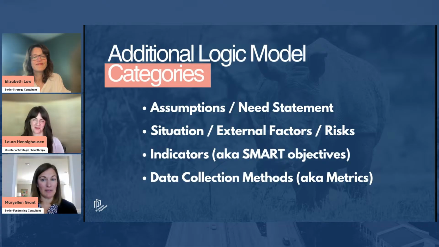So I'll use the same food pantry example from earlier and put it in a SMART objective format. So after 12 months, 80% of families receiving food assistance through the program will report more consistent access to nutritious meals for their households. It is specific, naming 80% of families.